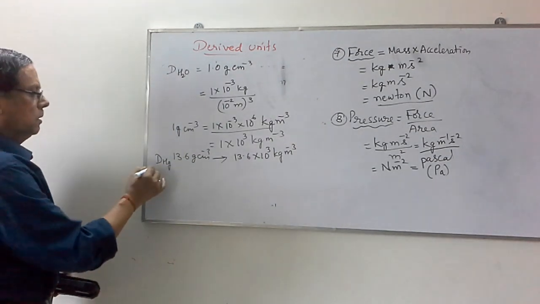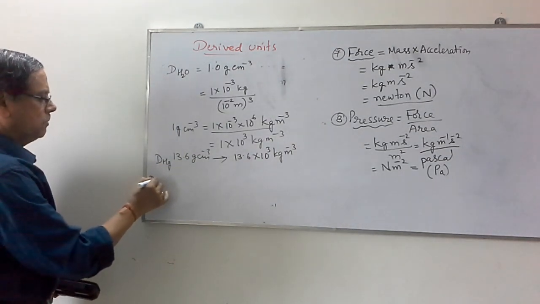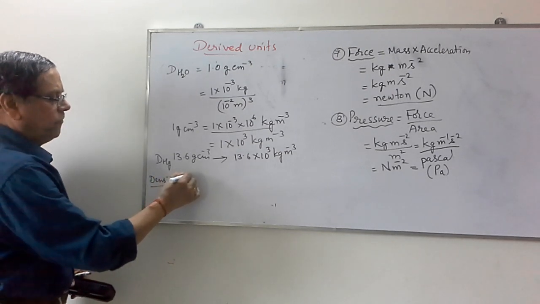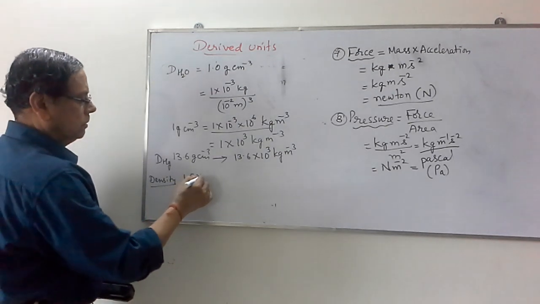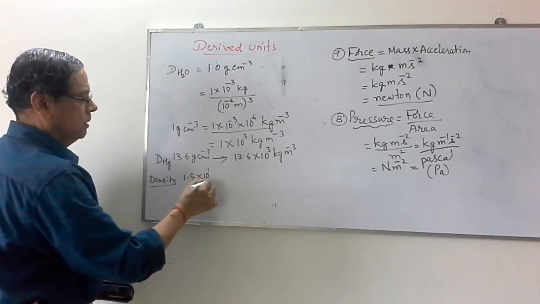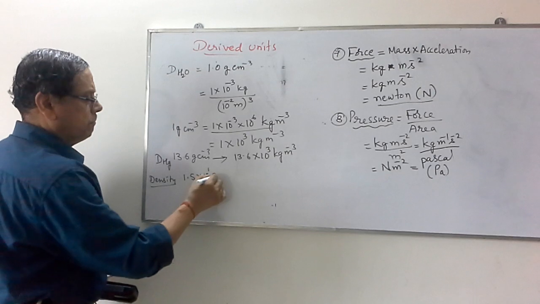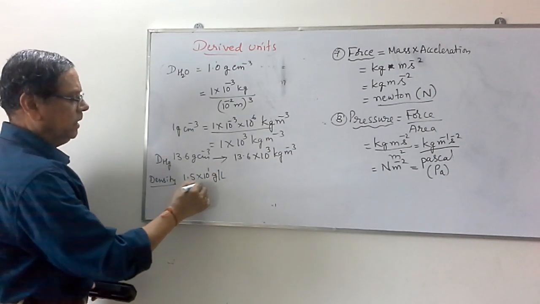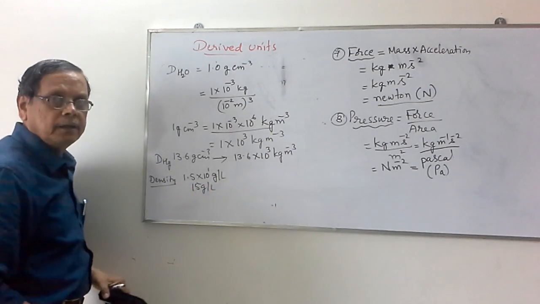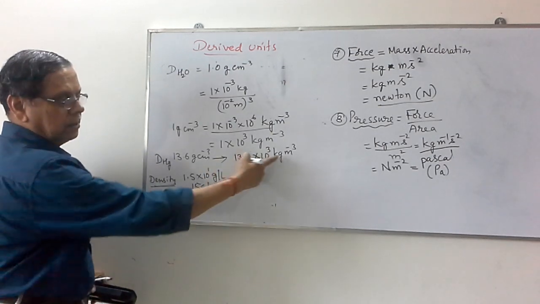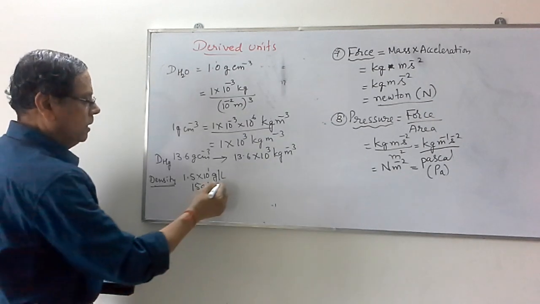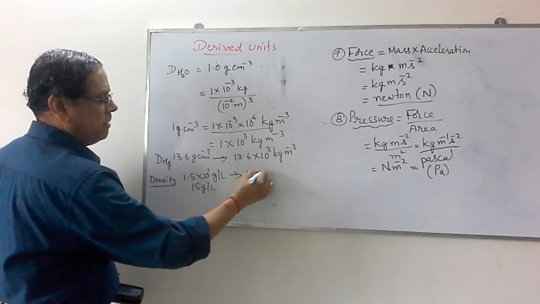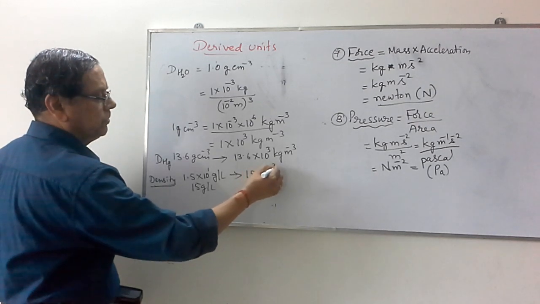Then coming to density, suppose I have the density of a particular liquid as 1.5 into 10 to the power 1 gram per liter, or in other words 15 gram per liter. If you want to convert this density to kg per meter cube, then we have to write 15 gram, converted to kg by multiplying with 10 to the power minus 3.